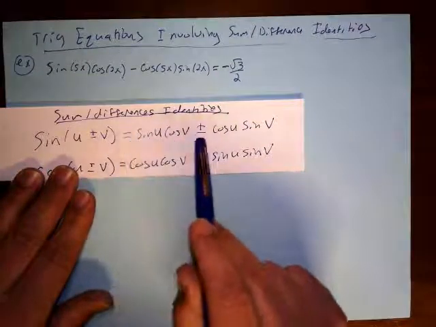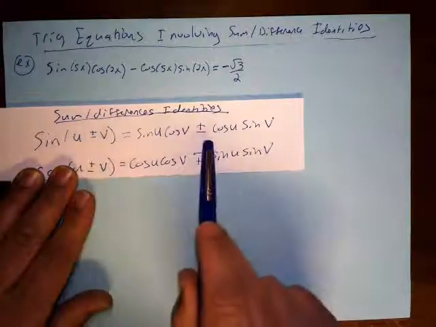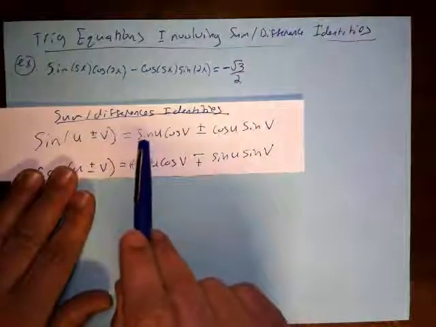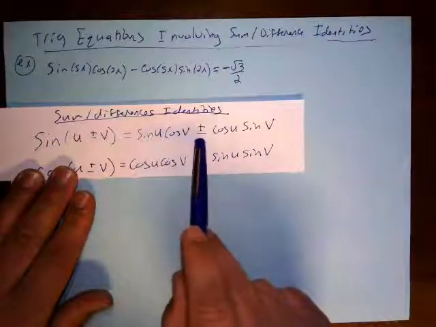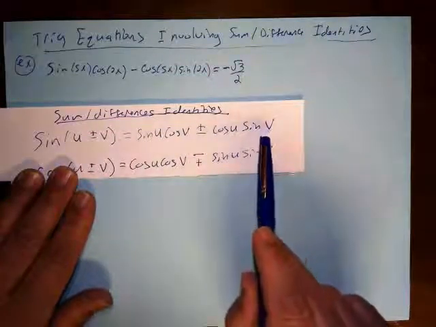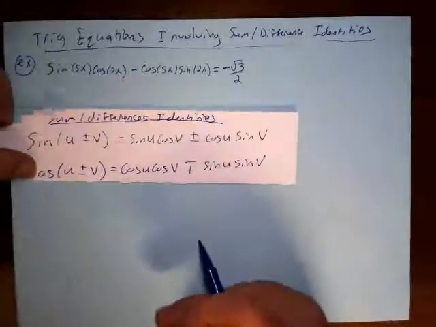and it would be a difference one. This is minus, minus, so this is a difference identity. You just have to make sure everything holds. So this would be sine of 5x cosine of 2x minus cosine 5x sine of 2x. And that's exactly what we need.